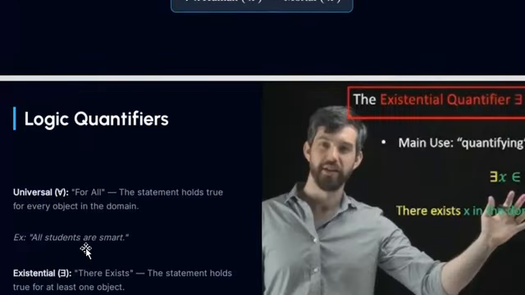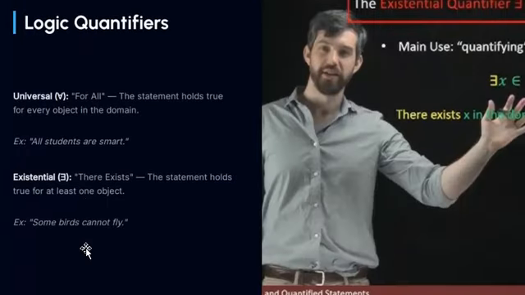And in the eighth slide, the logic quantifiers are explained. Quantifiers are used in first order logic to express general statements. There are two main quantifiers: the universal and the existential.